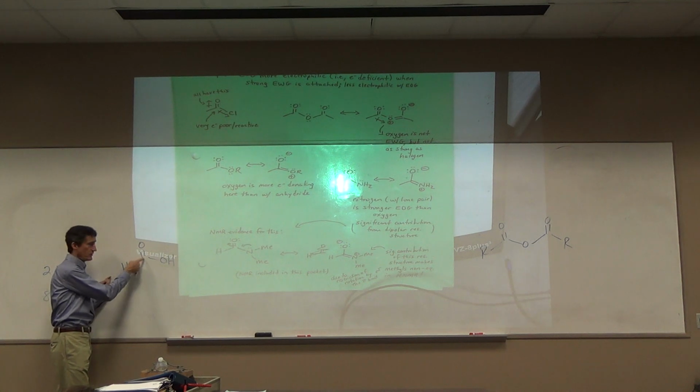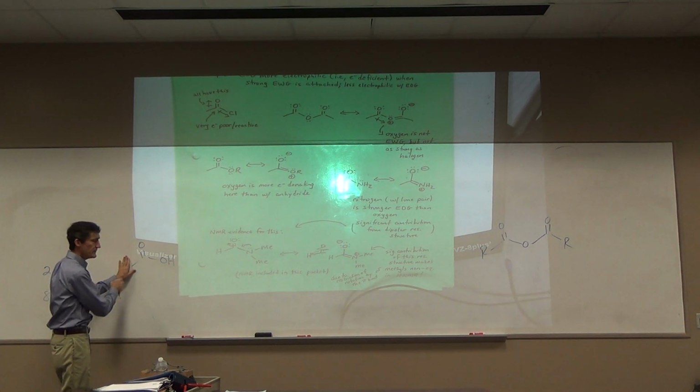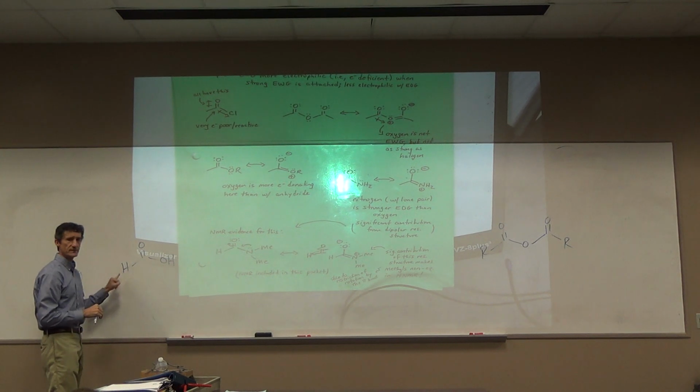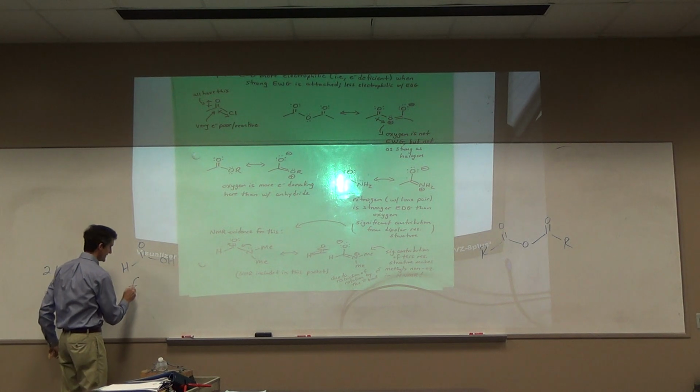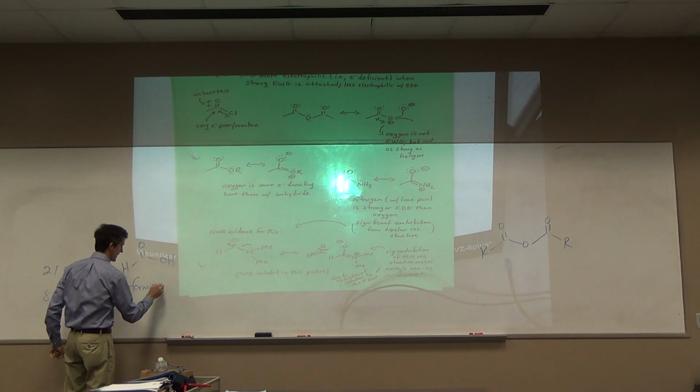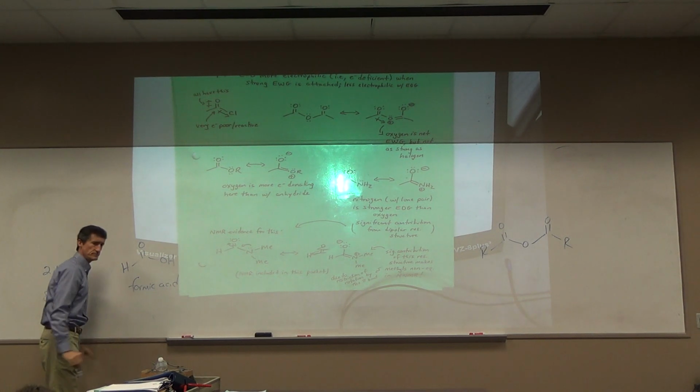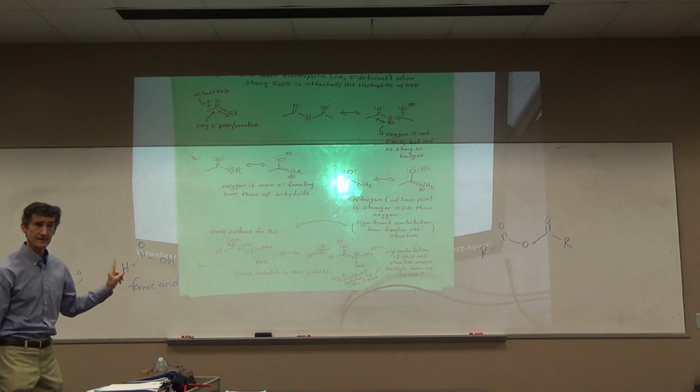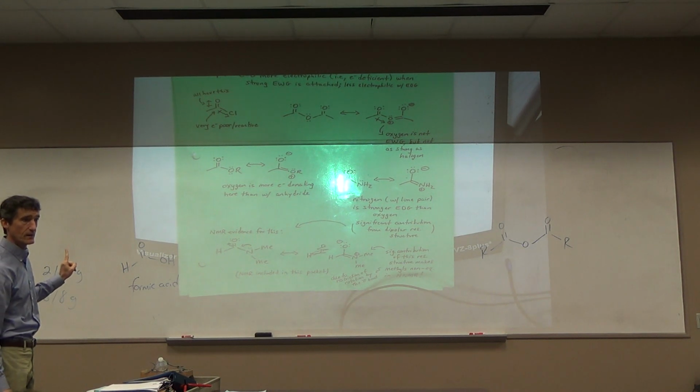This is a carboxylic acid with no other carbon. If this was a methyl, that would be acetic acid. You might know the name of this, it's just H here. Formic acid. You find it in ants, formica. Formic acid.